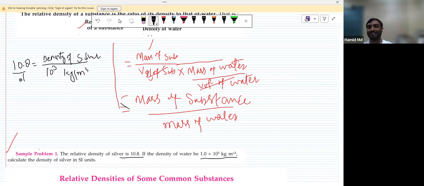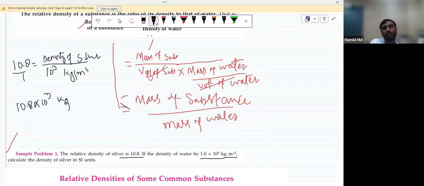What I did was I took the 10 cube to the other side, so the density of silver is equal to 10.8 into 10 cube. That's how I did it. Okay, so how will you write it? Keep it like that.